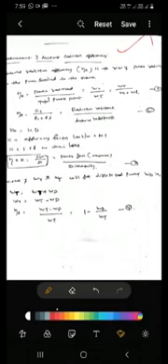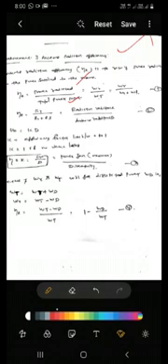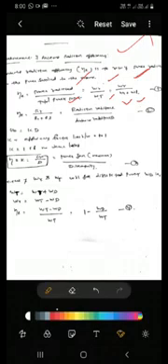As we know, the radiation efficiency eta R is equal to power radiated divided by total power input, simply WR divided by WT. WR is the power radiated, and WT is the addition of WR plus WL. WL represents the power lost to losses.